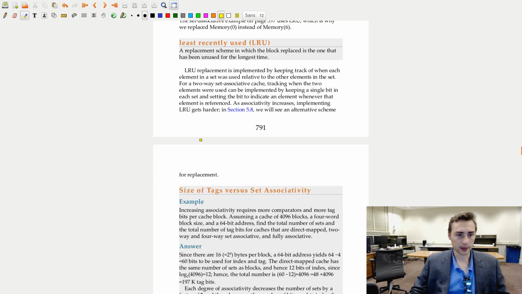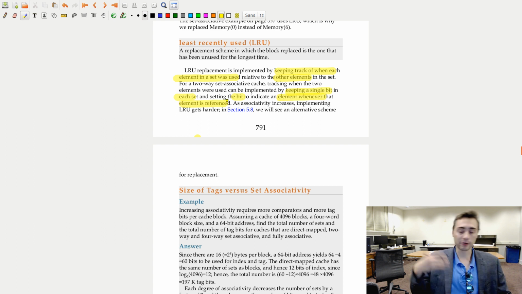Okay. So LRU replacement is implemented by keeping track of when each element in a set was used relative to the other elements in the set. For a two-way set associative cache, tracking when the two elements were used can be implemented by keeping a single bit in each set and setting the bit to indicate an element whenever that element is referenced.